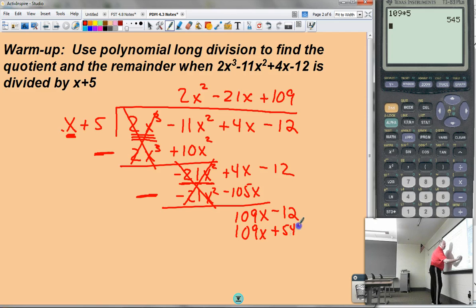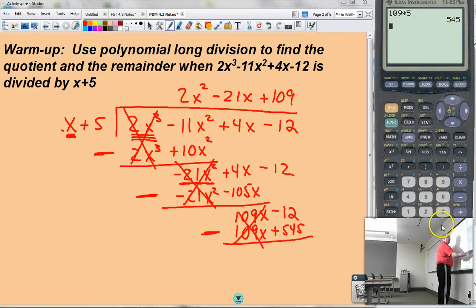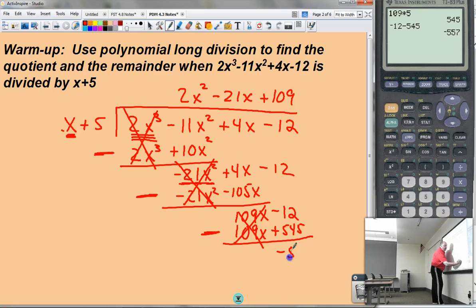So I have plus 545. And I'm going to do my final subtraction. 109x minus 109x will cancel out. Negative 12 minus 545, playing it safe, is negative 557.